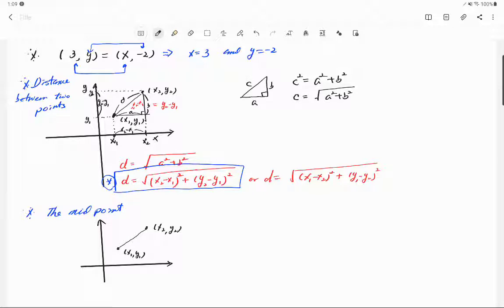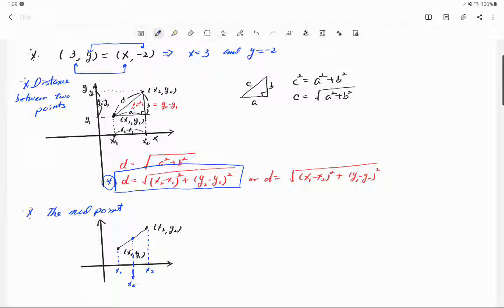So this midpoint is also in the middle of the 2 x coordinates, x1 and x2. How do you find the middle of these 2 points? That's the average of these 2 points.